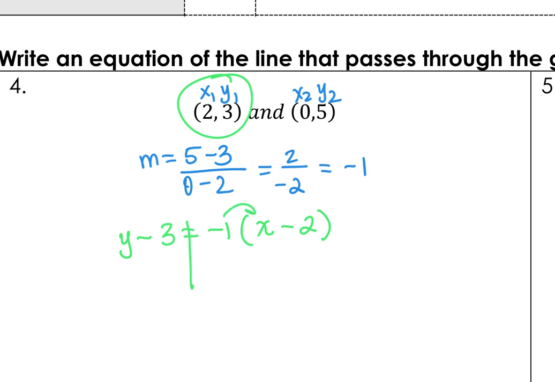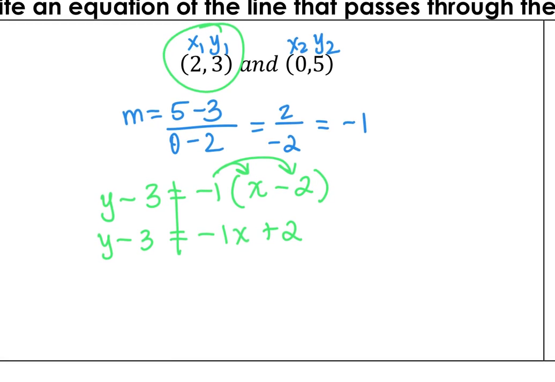Now we just simplify this into y equals mx plus b. So I distribute that negative 1. So I get y minus 3 equals negative 1x. And then the negative 1 times the negative 2 is going to be plus 2. So then all I have to do to get this y by itself is get rid of this minus 3.